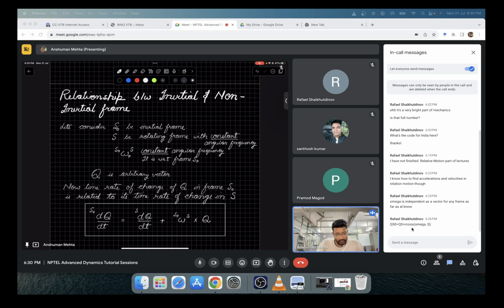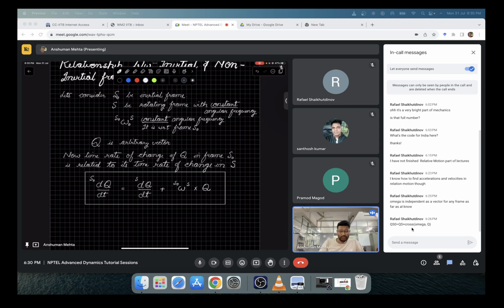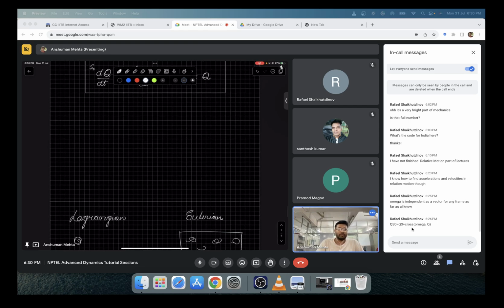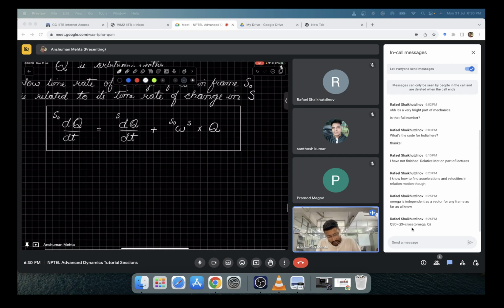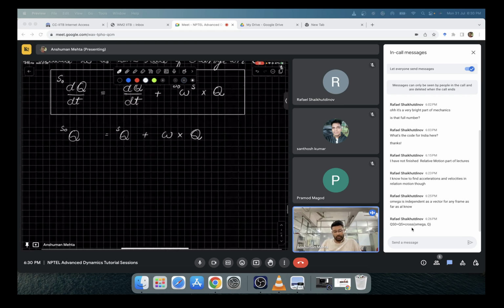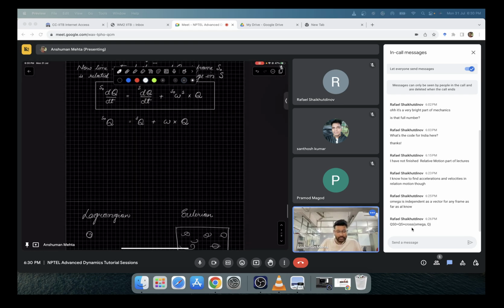If we have a rotating frame with constant angular frequency, then we can write it like this. Obviously omega is a vector and q is also a vector, so we have a cross product, and the formula you have written is correct: q with respect to S naught is equal to q in S plus omega cross q. So this is what I'm saying about Eulerian and Lagrangian dynamics.